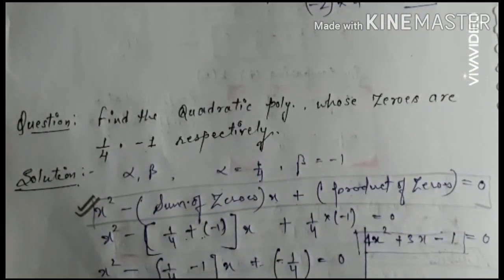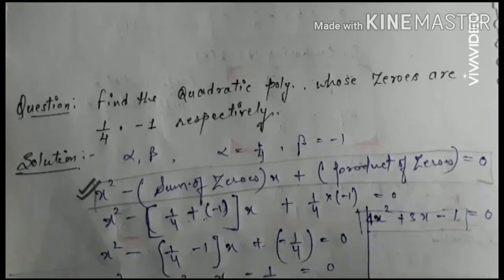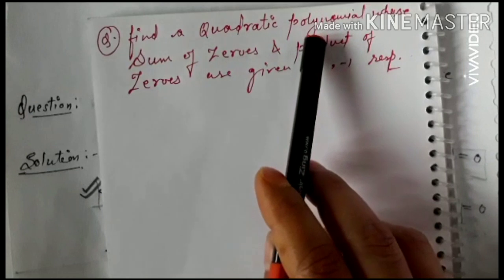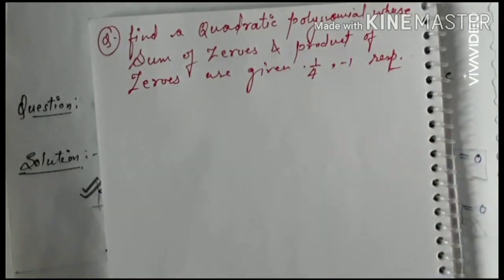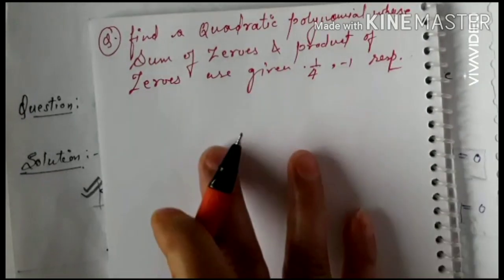So here we have learned to find the quadratic polynomial whose zeros are given as 1 by 4 and minus 1 respectively. There is one more question. Find a quadratic polynomial. Same question but a little bit changed, that's why I am doing this one.